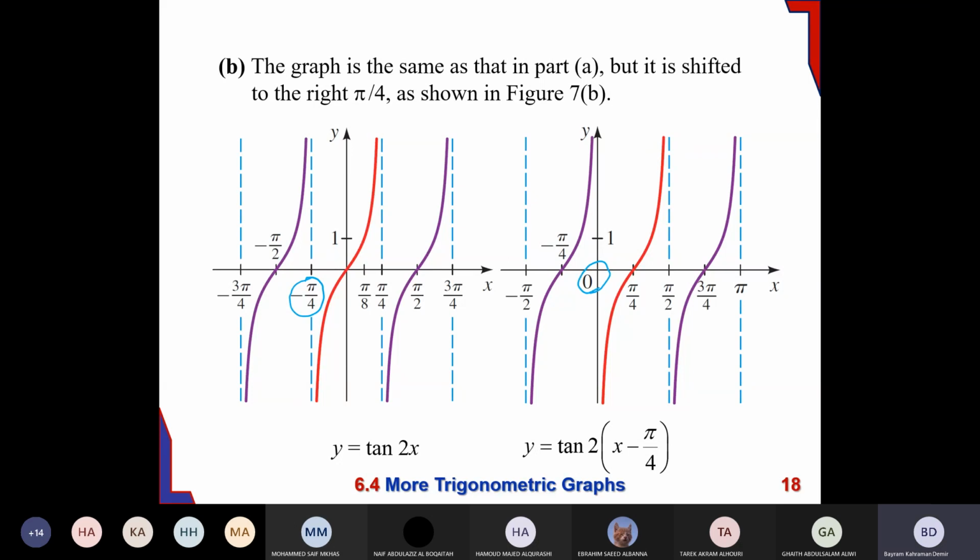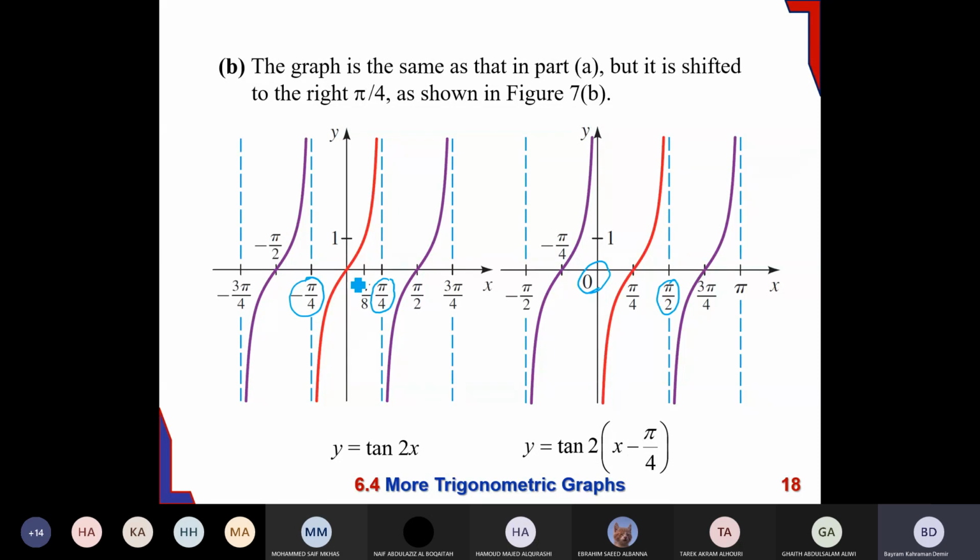Now 0 is the asymptote, you see? And another one before the shift was pi over 4, right? And now I have to shift it to the right, I have to add pi over 4. Pi over 4 plus pi over 4 will be pi over 2. You see how the red image shifted, Shabab?